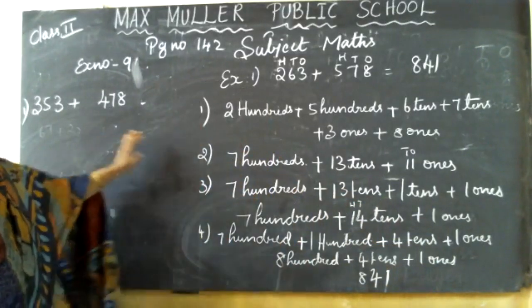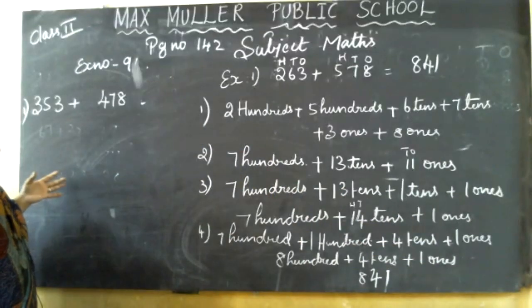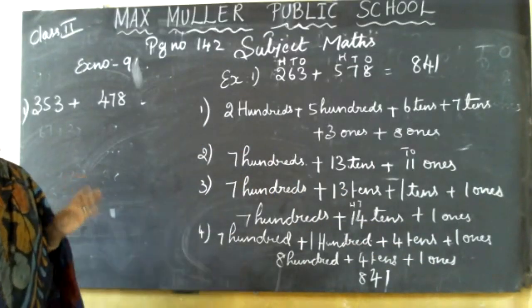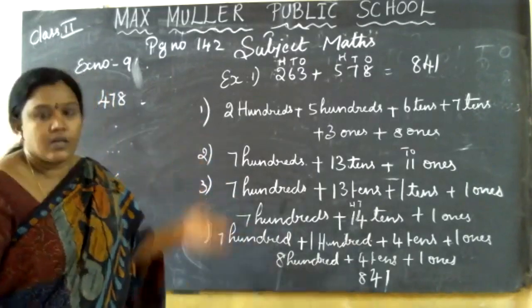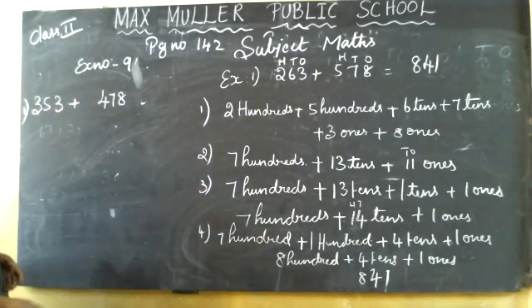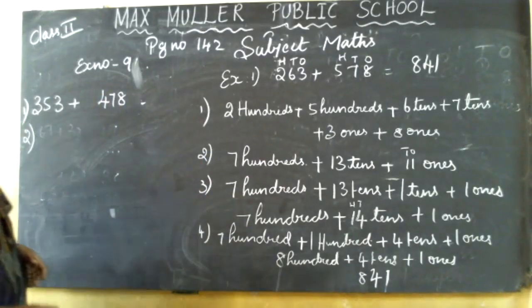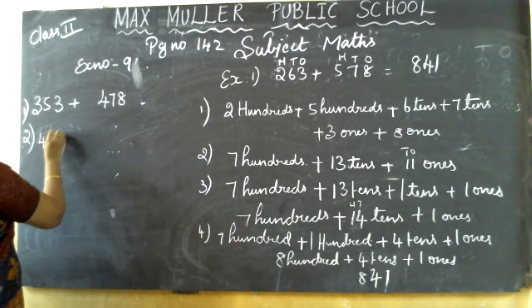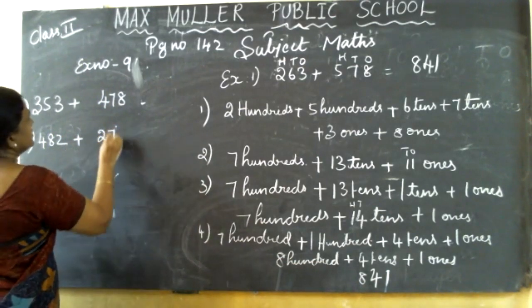Like this, you want to do the 3-digit numbers also, children. Exercise 7, exercise number 7, 8, 9, same addition. Let's do addition fast, meaning you can do it like this only. But in that, no place values, I am writing only answers. 482 plus 279.